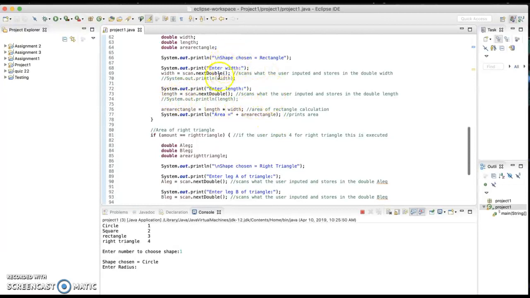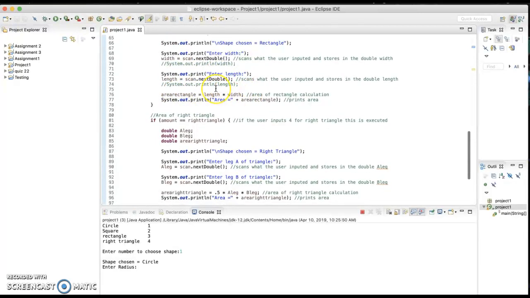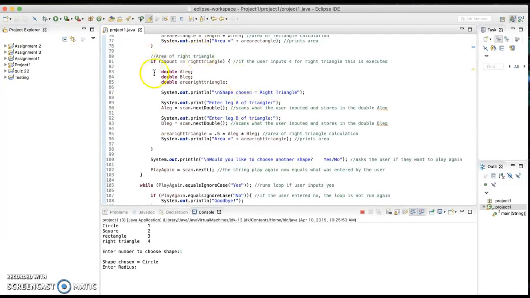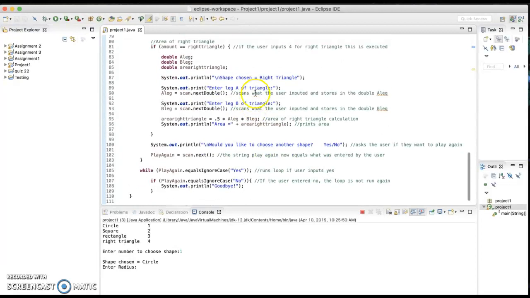And so now it stores whatever you put in for width into width, and whatever you put in for length into length. And then you find the area by multiplying the length times the width, and then it prints out the area. And for the right triangle, the same thing. You have one leg and another leg, 1/2 times A times B, and it prints out the area.